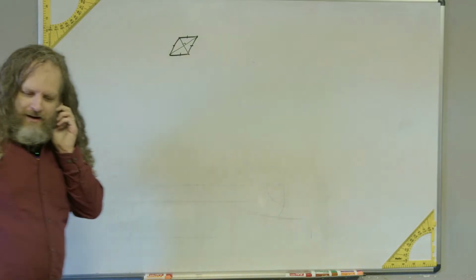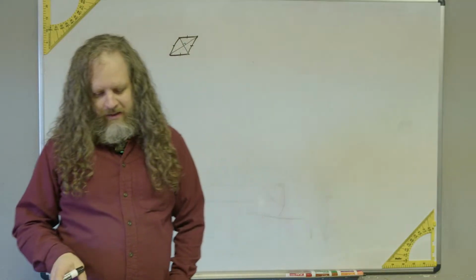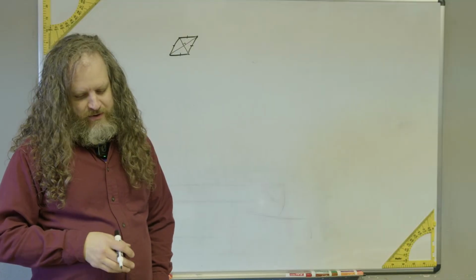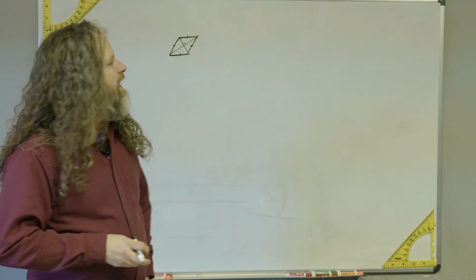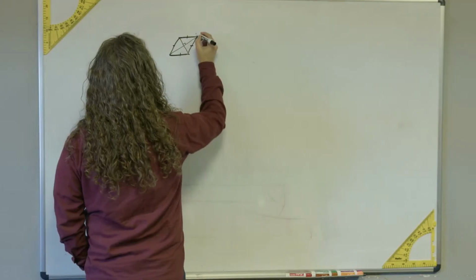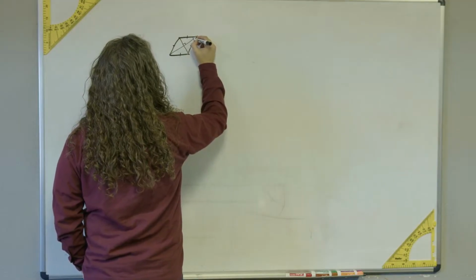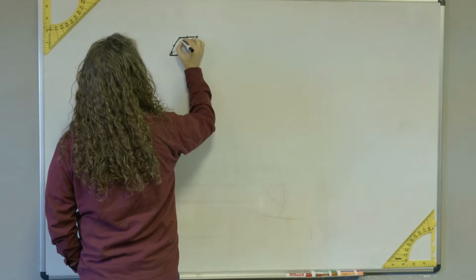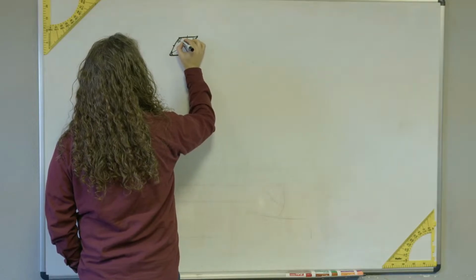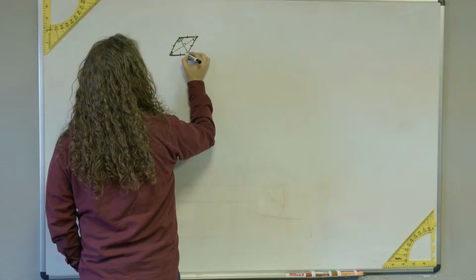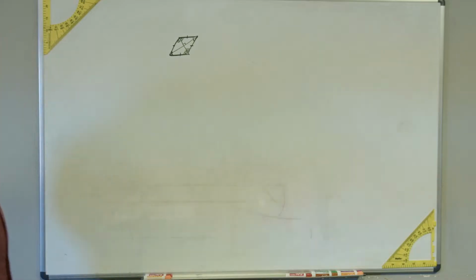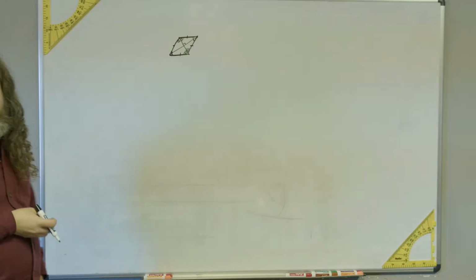The other theorem with rhombi is quite useful, and that is that the diagonals bisect each other, right? Which is very useful.